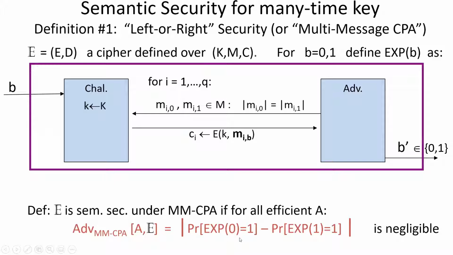This is this probability: the probability that the adversary outputs a fixed flag if the challenger uses bit 0, versus the probability that the adversary outputs the same flag given that the challenger used bit 1.